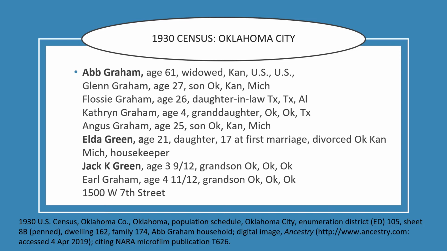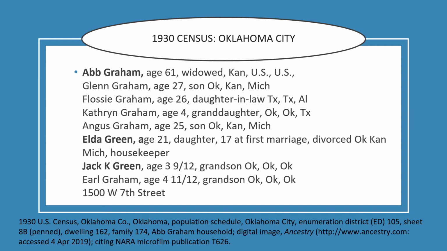Now notice that Elda here is using the surname of Green, and Jack was going by the surname of Green also. If Elda was giving the information, it's likely that she told the census enumerator that Jack was Green and that she was a Green. Notice that she's identified herself as divorced and that she was 17 at her first marriage.